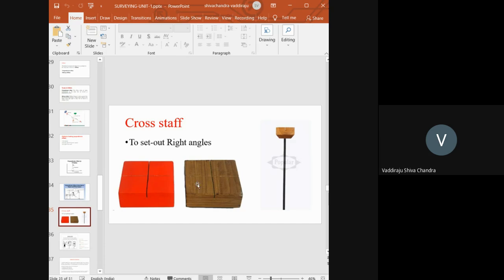If I see from this side, what will I be able to see? The point A or point B I will be seeing. If these two are also visible to me, then that approximate position itself is the position of the foot of the object. If either of A, B or C is not seen in that particular position, I'll shift the position here and there just minutely till I am able to see both the objects through these open slits. That position is going to give me the foot of the object.